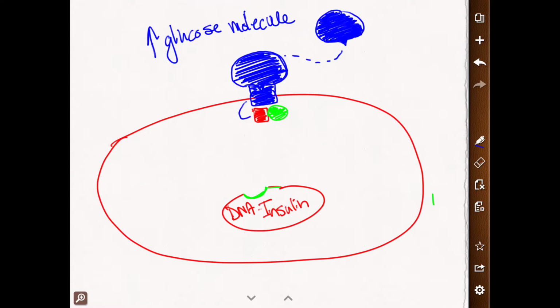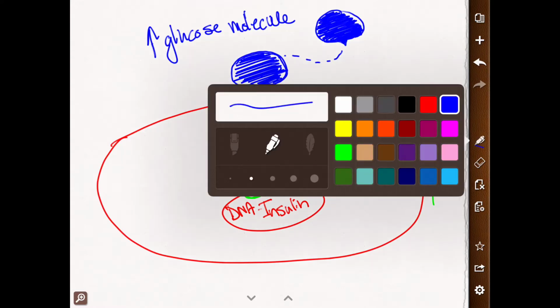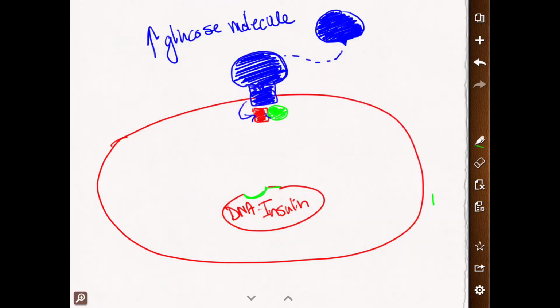It sends a signal to this, and then this lets go of this. And then this guy comes down here and he instigates some kind of reaction at the nucleus of the cell, which then triggers the cell to create insulin.